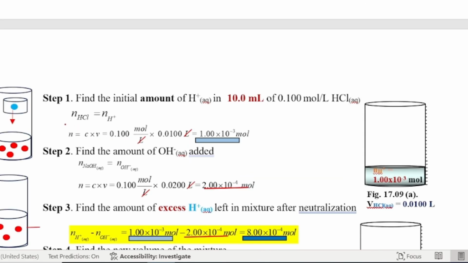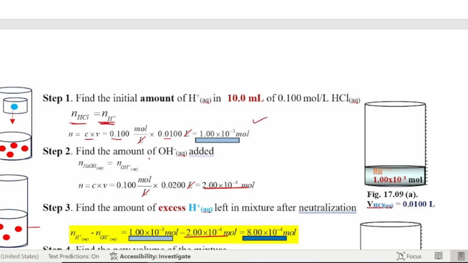Because it's a strong acid, we'll assume that the number of moles of hydrochloric acid is equal to the number of moles of hydrogen ions. So what we'll do now is find the number of moles of H plus ions inside here. n is equal to C times V. So this is equal to C, the concentration of the acid, times its volume here. And we end up with that number of moles of hydrogen ions, right?